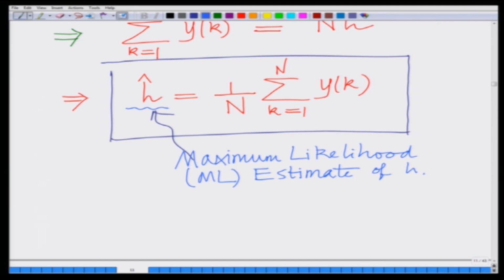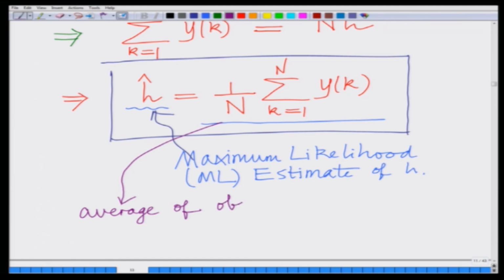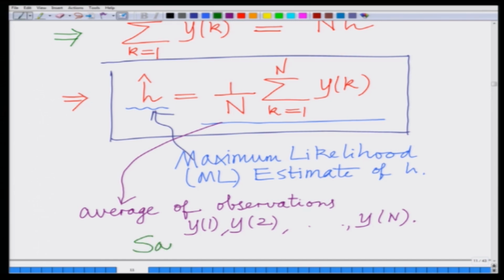So, this h hat is the maximum likelihood estimate, and look at this, this is simply the average of the observations. What is this? This is the simple average or arithmetic mean of your observations y1, y2 up to yn, and this average is also known as the sample mean, that is, the maximum likelihood estimate is given by the sample mean.